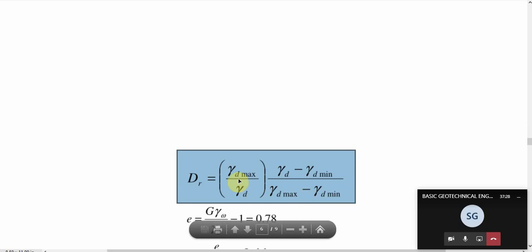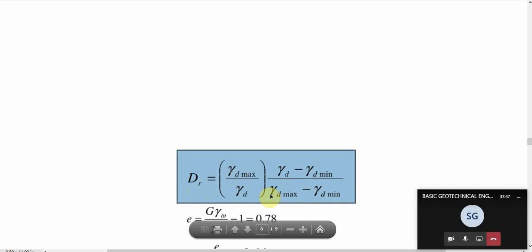Now gamma d max is 21, gamma d minimum is 16, and Dr is relative density. Relative density is 60%, that is 0.6.